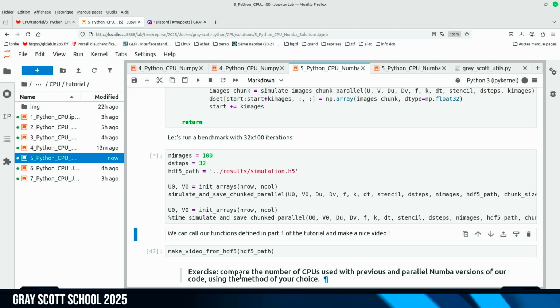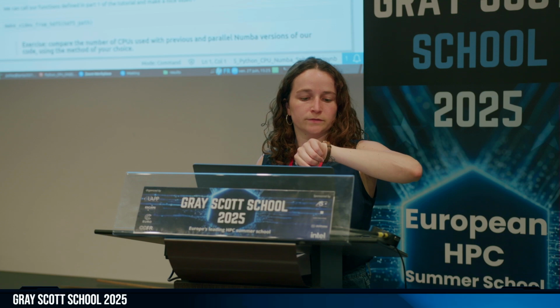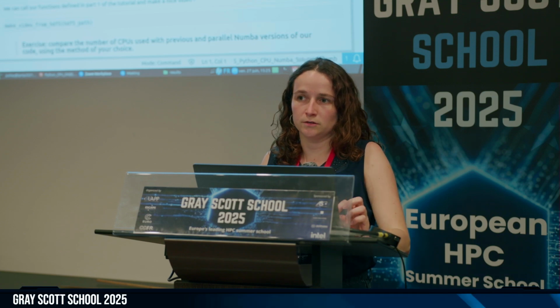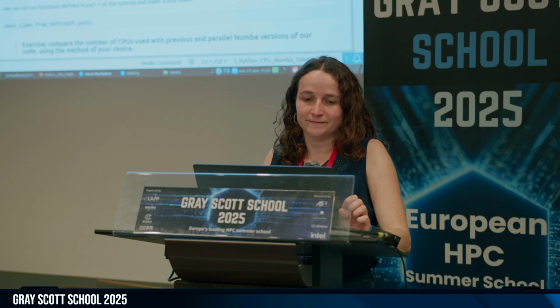So you can run HTOP, but if you run a HPC cluster or I don't know what, you can also use another method. So try to do this exercise, and I'm going to answer questions on the NumPy implementation. And then maybe we'll try to see JAX a little bit, but unfortunately we are a bit late.